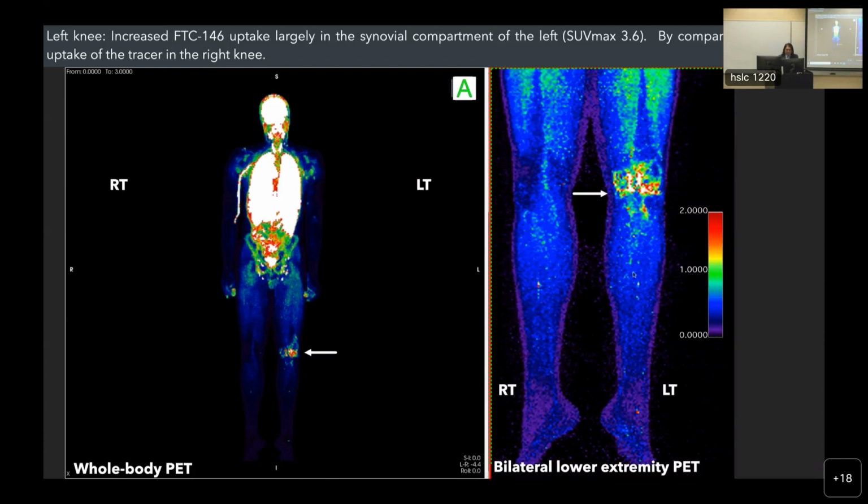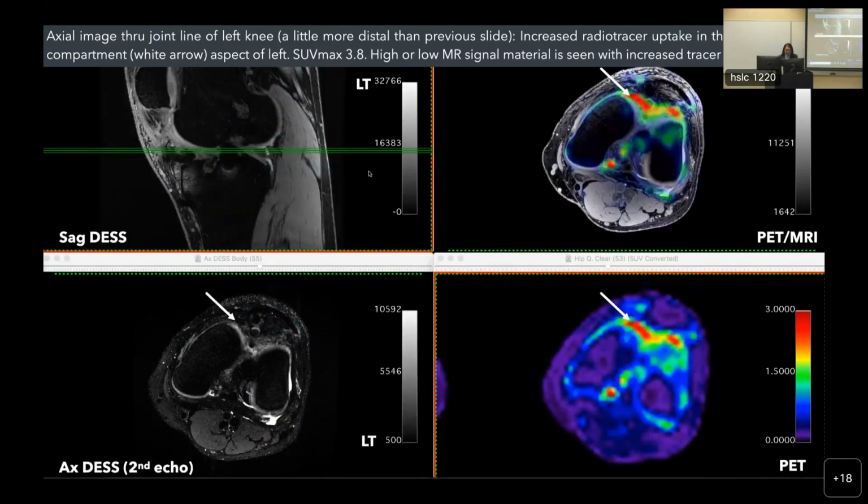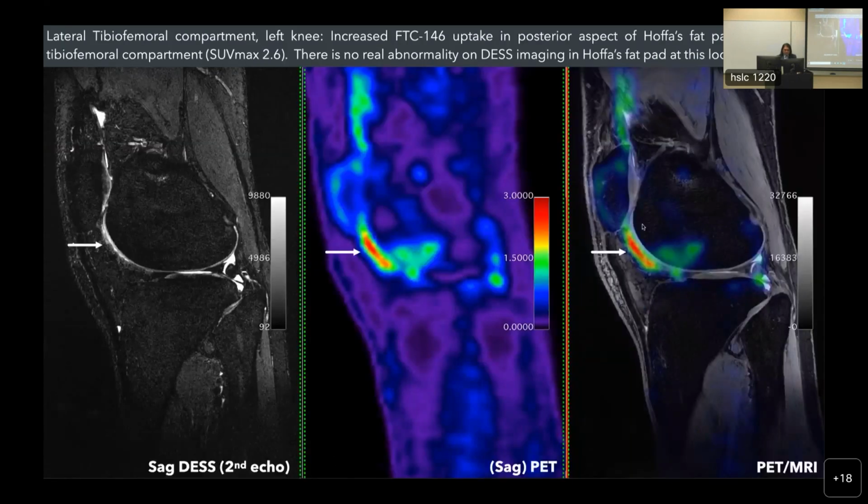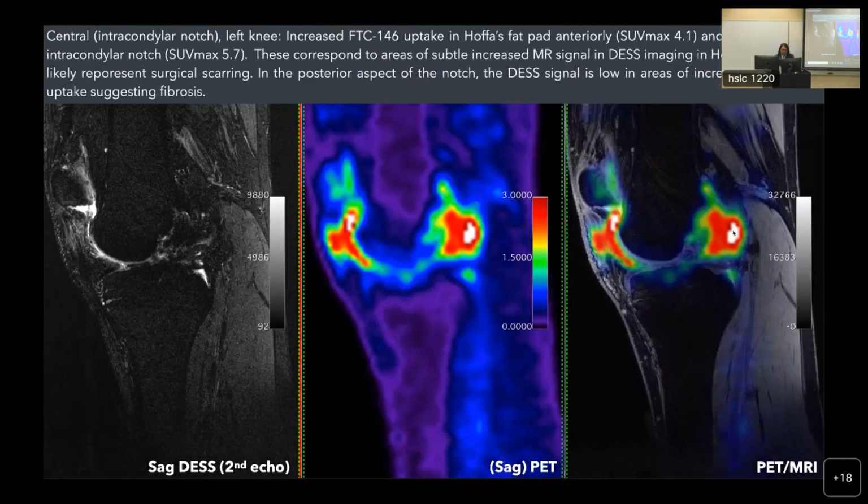This is a little bit more zoomed in image. And then these are sample MR and PET-MR images showing you where the uptake in that knee is. So here it's in the vicinity of the fat pad between the distal femoral condyle and the patellar tendon. So a lot of uptake here anteriorly in the knee, also some more posteriorly.